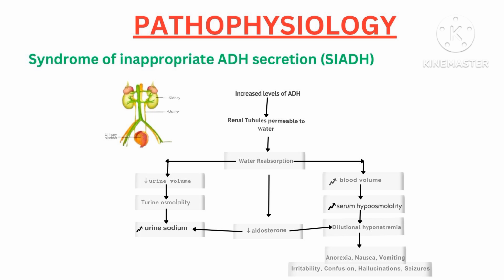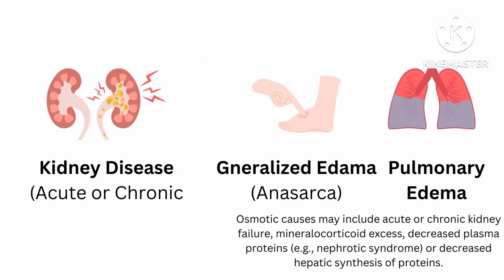Increased ADH promotes free water reabsorption from the filtrate, leading to an inappropriately elevated urine osmolality, greater than 100 mOsm/L, compared to blood plasma, and by consequence, hyponatremia. Kidney disease, in both acute and chronic contexts, impairs glomerular function, thereby reducing the production of the filtrate.